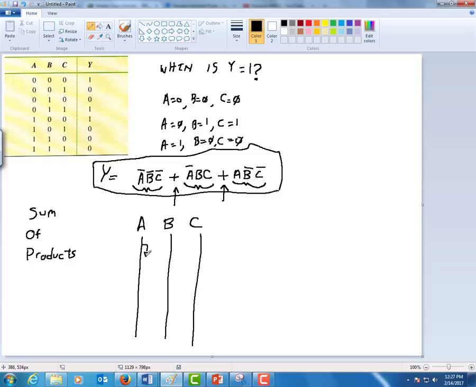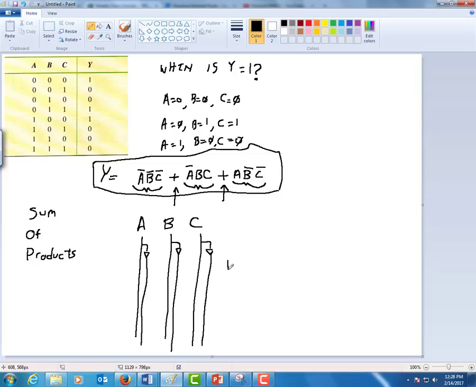A bar, B bar, C bar. Now, let's draw the first one. What's the first term here? That's a 3-input AND gate, isn't it?